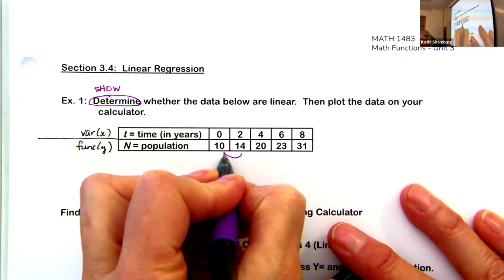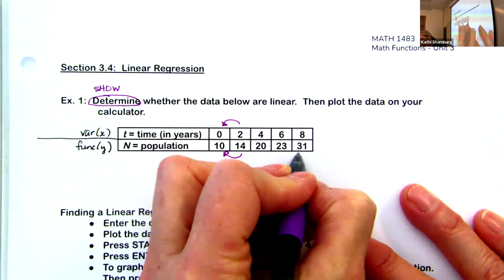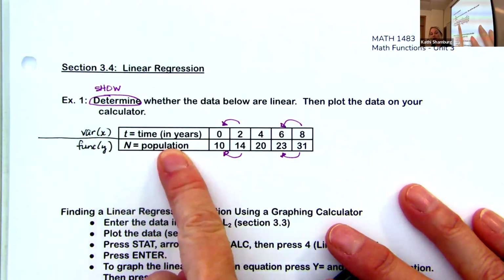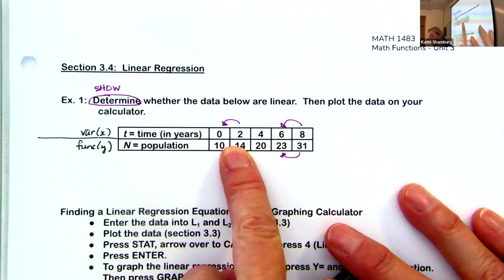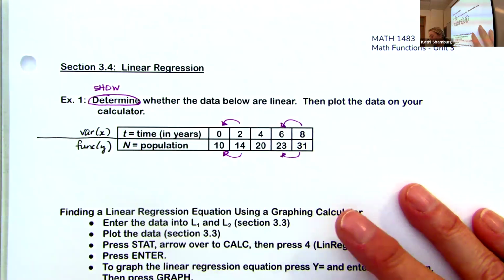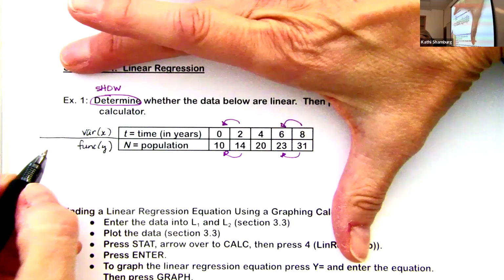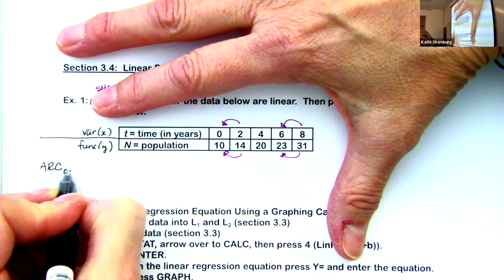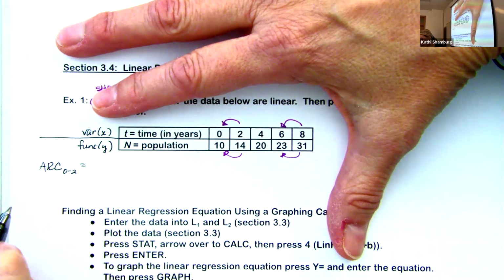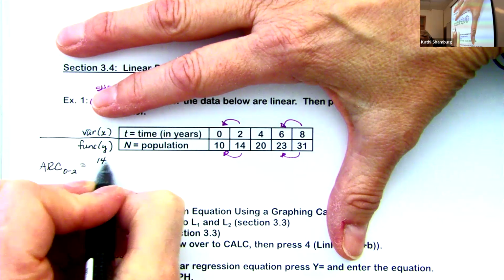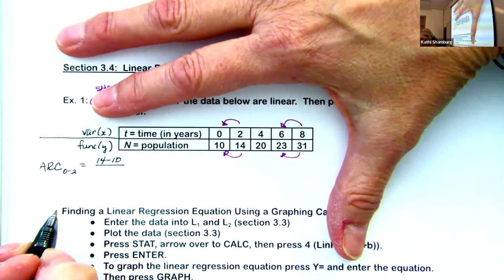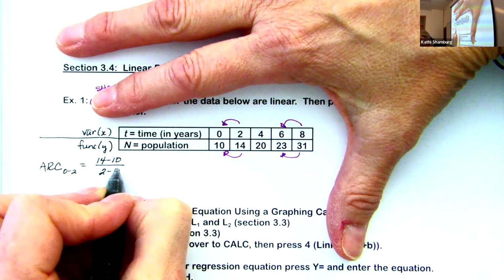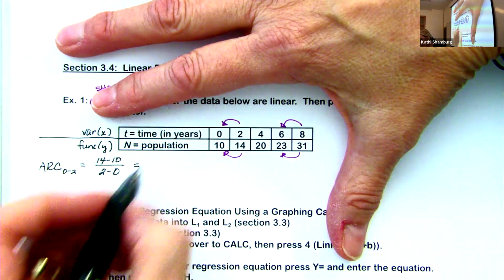So we'll do it for the first two and the last two. This is T, time in years, and they gave me 0, 2, 4, 6, 8, so I don't have to convert that. So the average rate of change from 0 to 2 years is the difference in your function, which is 14 minus 10, over the difference in your years, which is 2 minus 0. So we get 4 over 2, or 2 over 1.